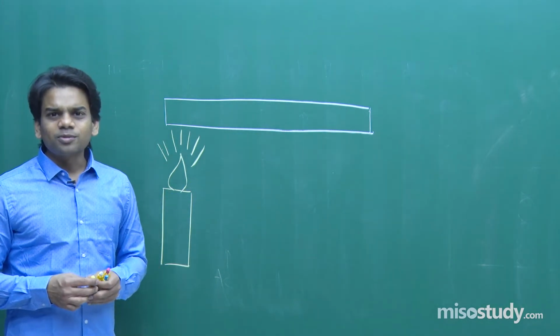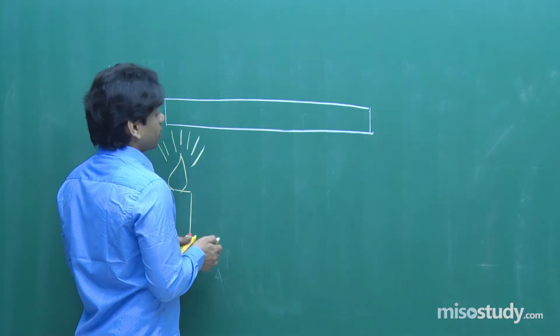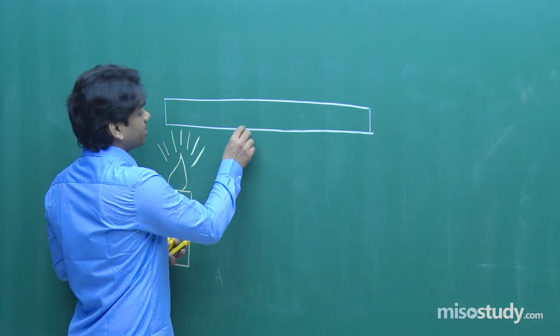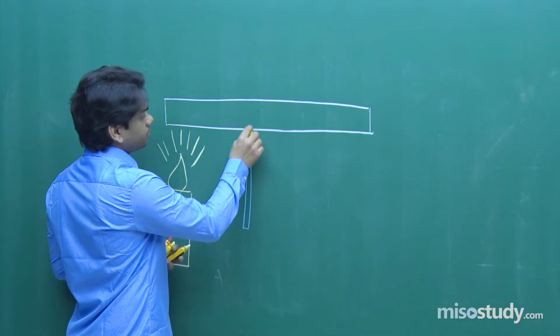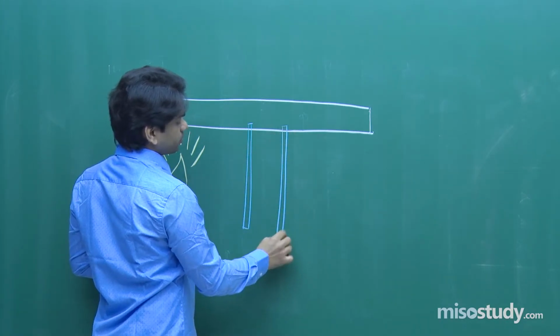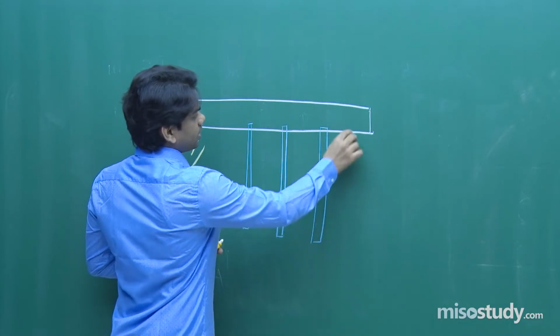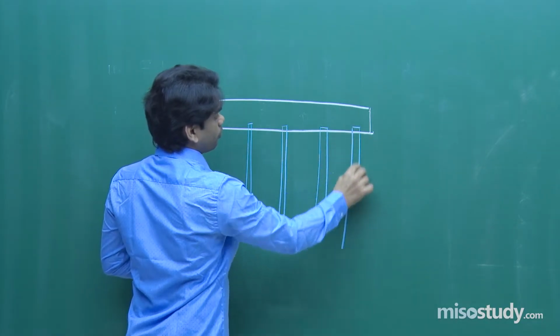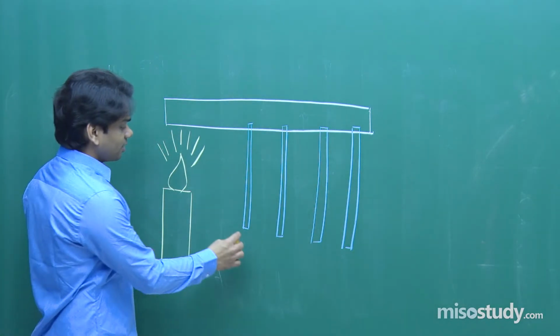Let us attach some thermometers at the various ends of the rod. So if I attach various thermometers, let's say this is thermometer 1, this is thermometer 2, this is thermometer 3, and this is thermometer 4. So we have attached 4 thermometers here as shown.